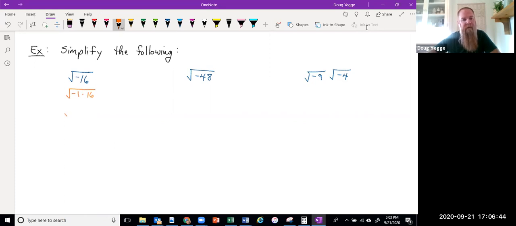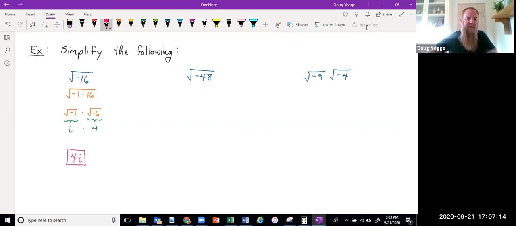So since this is a product of two values, I can say the square root of negative 1 times the square root of 16. Well, we now know that the square root of negative 1, by definition, is the number i, while the square root of 16 is 4. So we know that the square root of negative 16 is 4i.